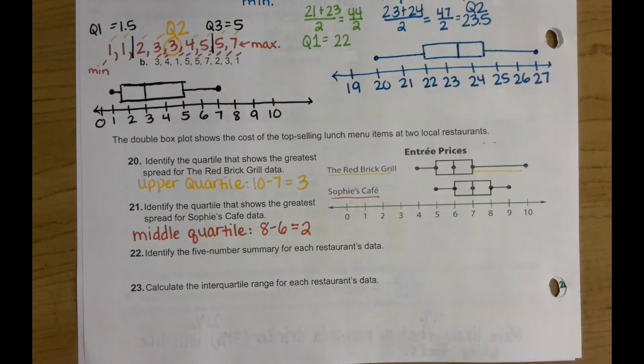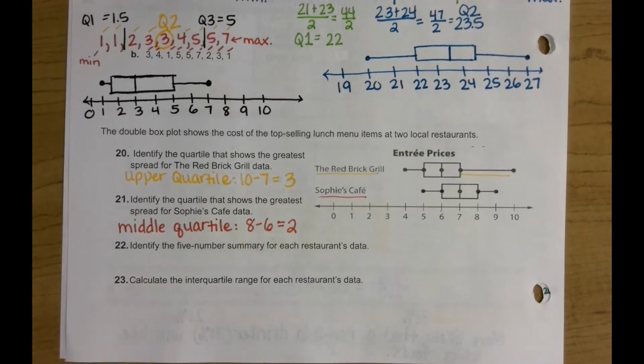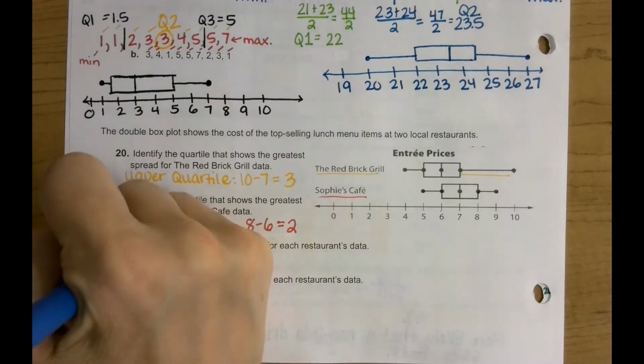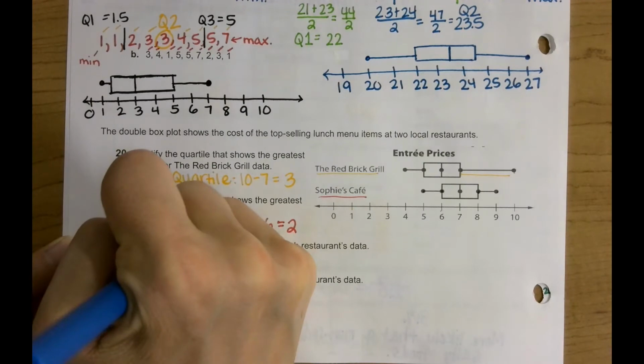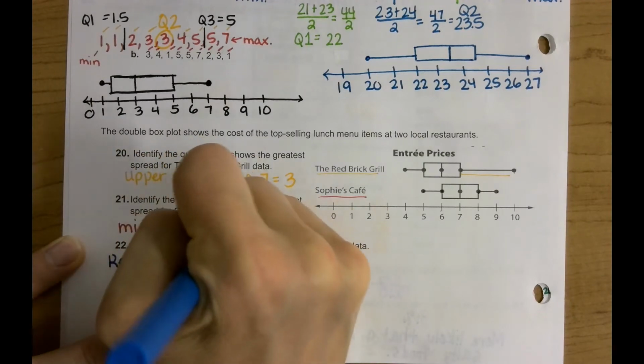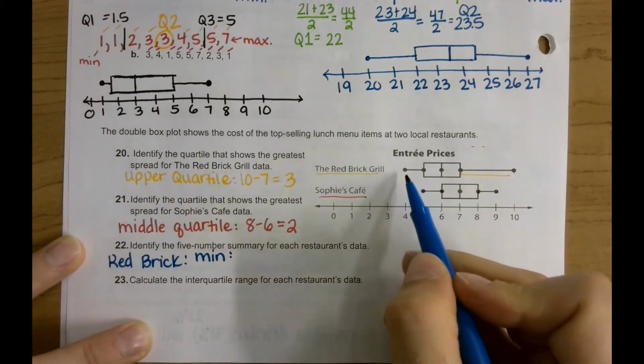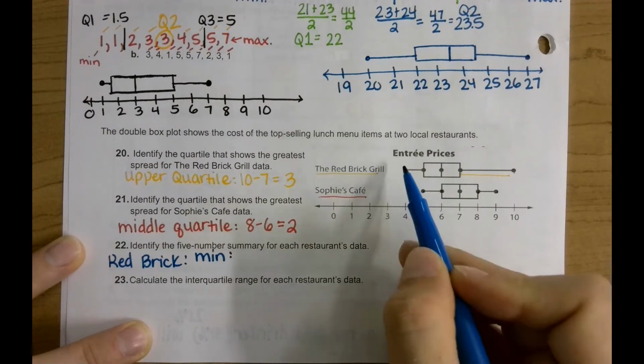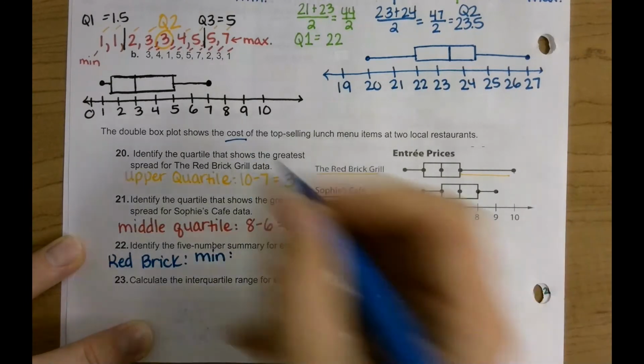And that is 8 minus 6, which is a spread of 2. Identify the 5-number summary for each restaurant's data. So we just have to look at where the whiskers are, and in this case, where each point is. So for the Red Brick Grill, the minimum would be that first point, so that's 4. In this case, it's talking about the cost, so $4.